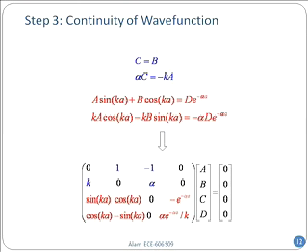So for example, for C equals B, you can see how I have written it in the matrix form. In the matrix form, I have 1 and minus 1. You can see the vector A, B, C, D on the right hand side. And if you cross multiply, you will see that the first equation on the top of the matrix is B minus C equals 0. That's the first equation.